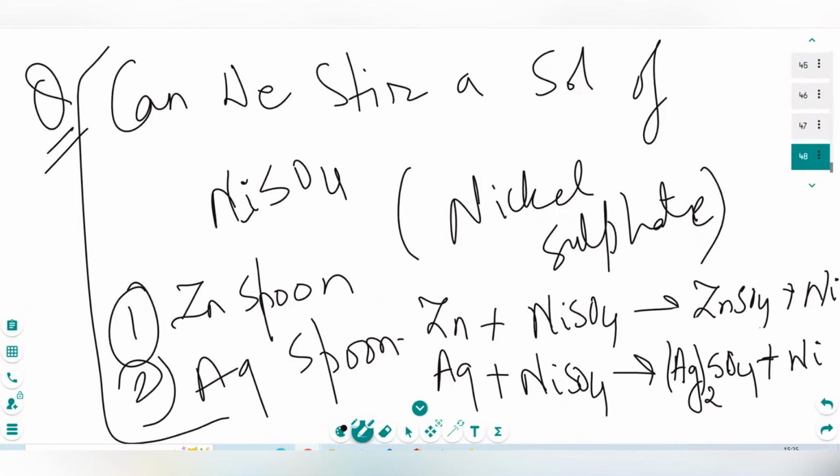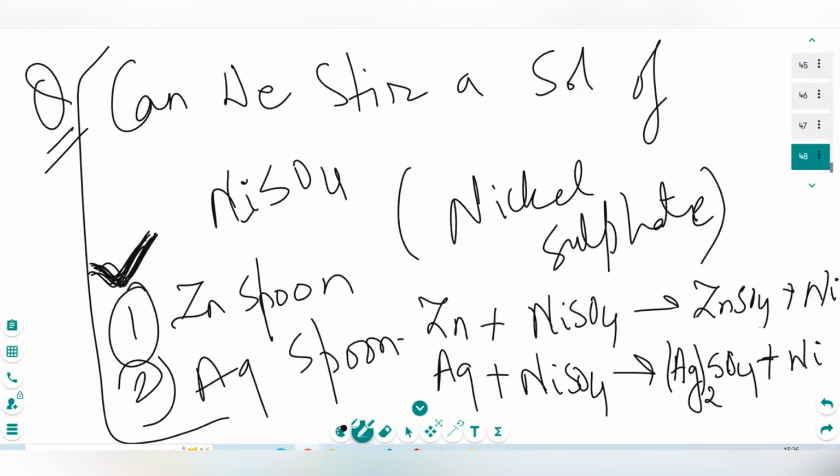Nickel is here. Zinc is here. The first reaction is working. First one will happen. Yeah. So you are saying the first reaction is feasible. Okay. So Swapnev says first reaction is feasible. What about the second one?